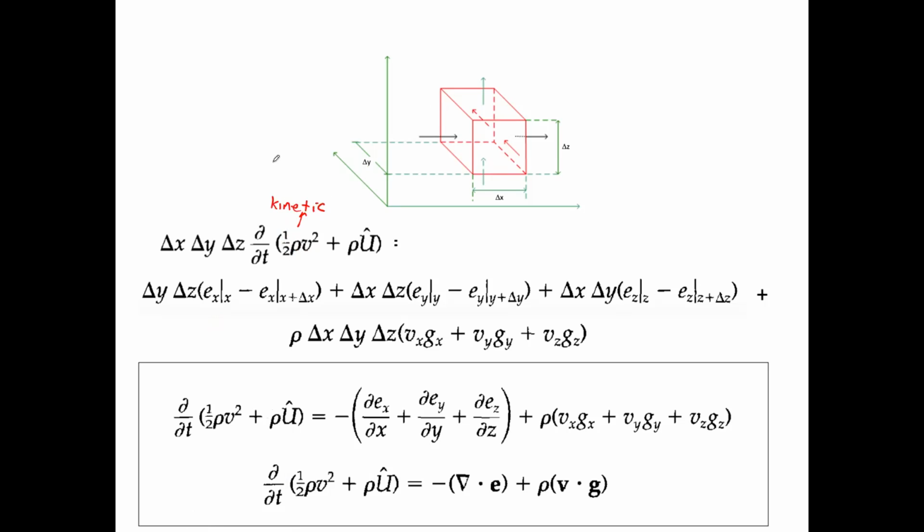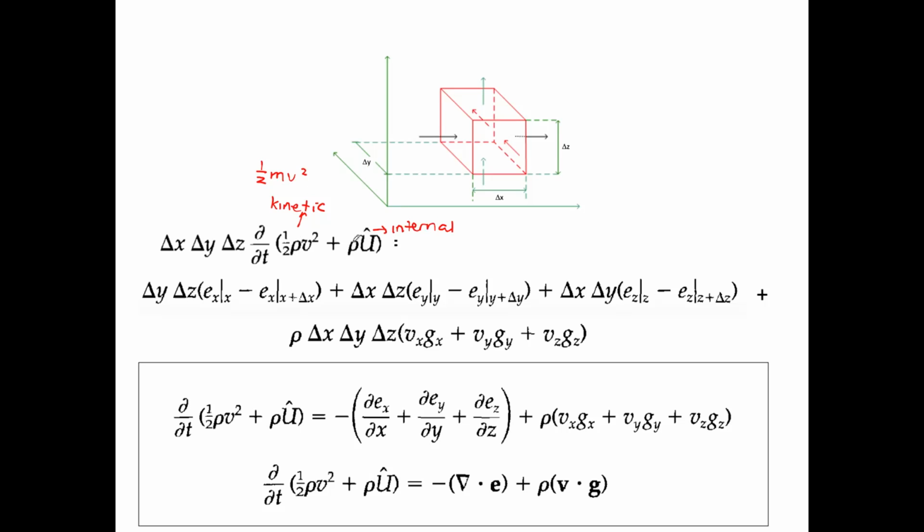Because if you remember, this is half m v squared, but it is divided by the volume, so it becomes rho. And this one is also internal energy, which is mass multiplied by the internal energy per unit mass, but again divided by volume, so it becomes rho.